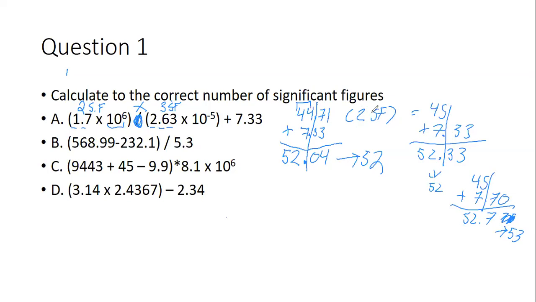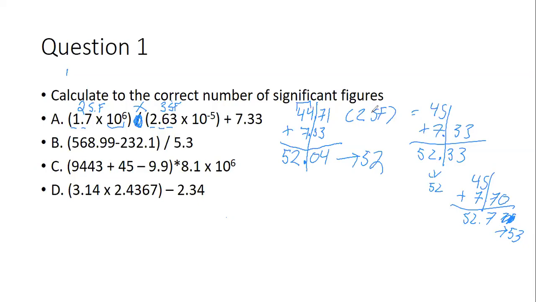How do you do the multiplication for the numbers inside the parentheses? You should have a times 10 to the power button on your calculator. So you can do parenthesis 1.7 times 10 to the power of 6 in your calculator. It should be somewhere on your calculator. End parentheses multiplied by 2.63 times 10 to the power minus 5.